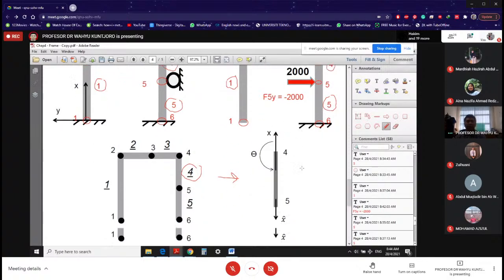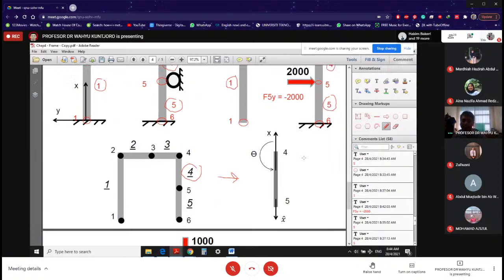And I decided that the positive local axis is from node number 4 to node number 5, meaning that the positive direction of X local is downward. That is my X local.